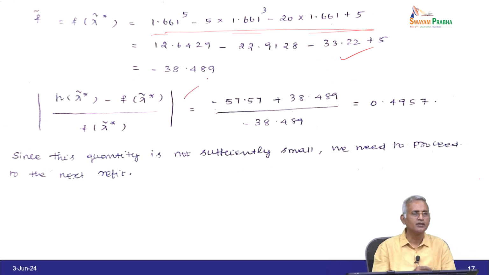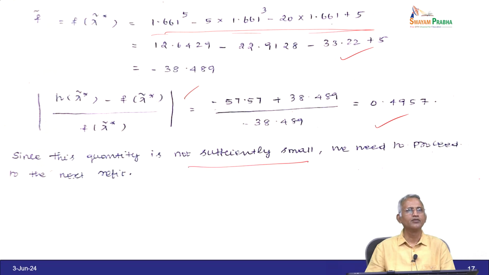Therefore, H of lambda star tilde minus F of lambda star tilde by F of lambda star tilde is equal to 0.4957. So, this quantity is not sufficiently small and we have to proceed to the next refit.